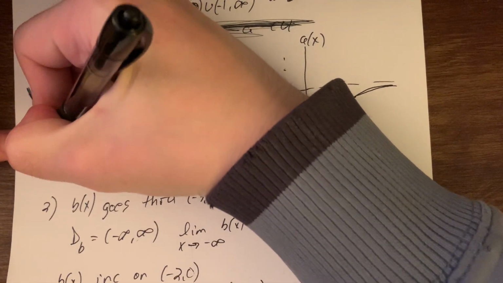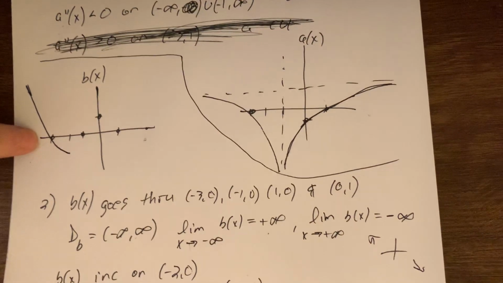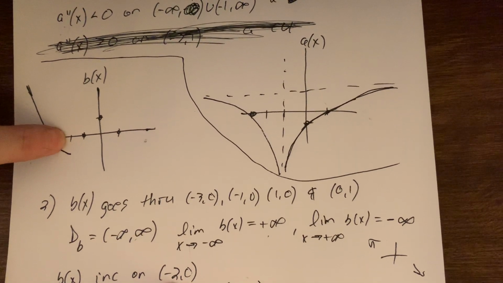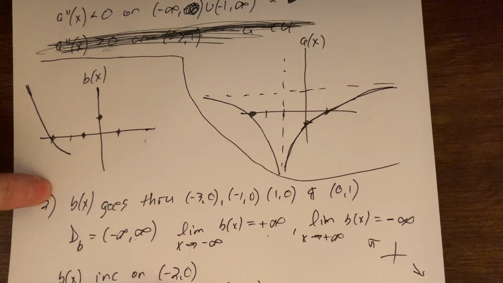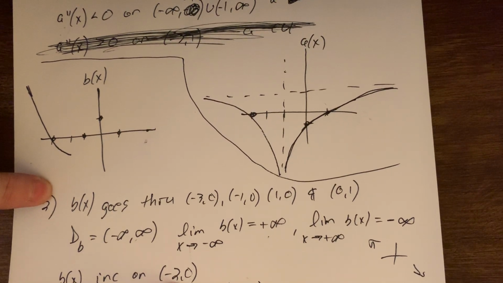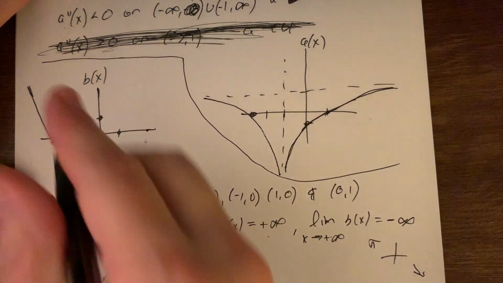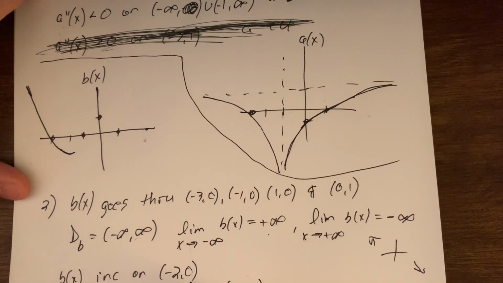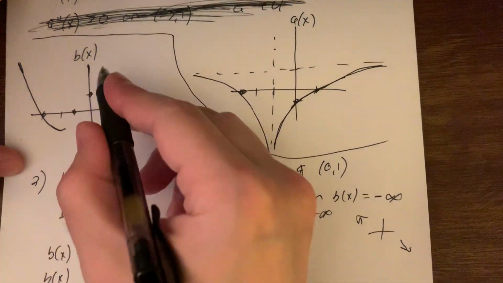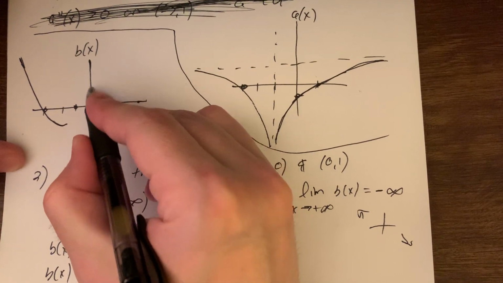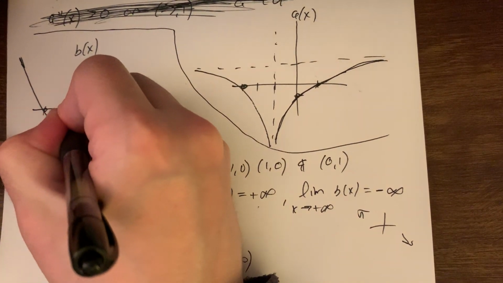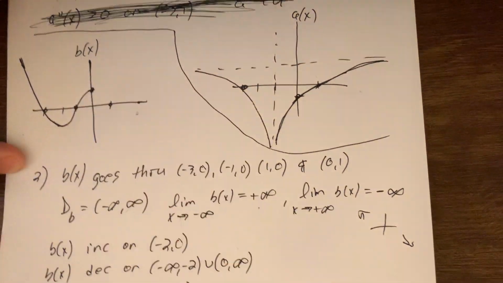So I'm going to hit this point and keep going down, but I'm preparing because I know I'm going to switch at -2, and then if I decrease to -2 and then increase after, well, now I got to swing back up. So now as I swing back up, I'm increasing until I get to 0. So I'm increasing until I hit this point. We actually had a point at 0. So I'll just increase and do that.